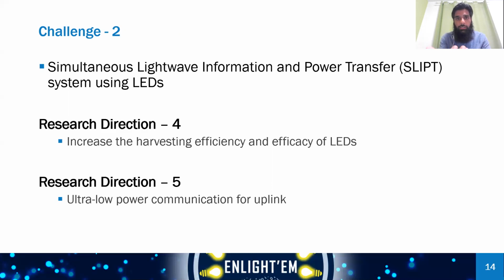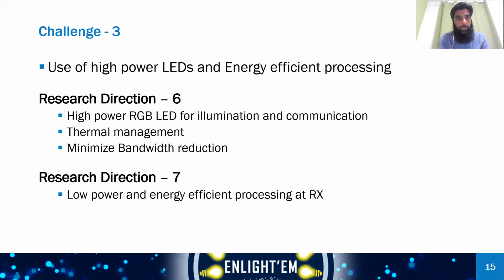And then for IoT devices on a mobile device, we have a very limited energy budget. For uplink communication, it is not easy to switch the LED on and off for transmission. So designing ultra low power communication for uplink is another good research direction. Now, the third challenge is how to use high power LEDs and use energy efficient processing. Normally, in most works, they use off-the-shelf small LEDs for LED to LED communication for small applications, for example, toy to toy.